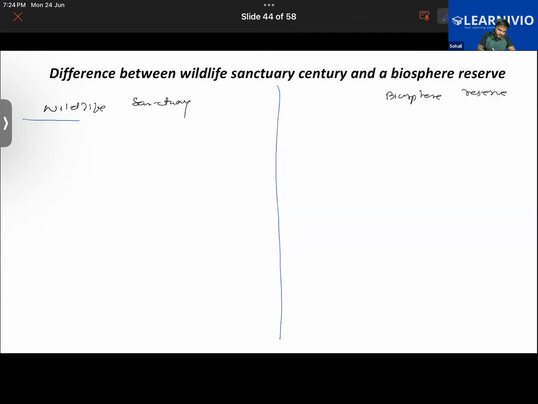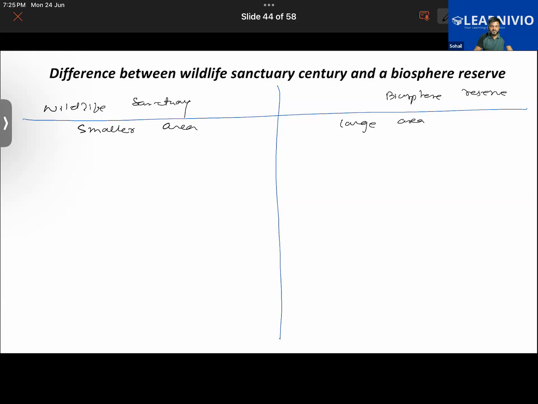Biosphere reserve, obviously. Very good. A biosphere reserve is spread over a very large area, while a wildlife sanctuary occupies a comparatively smaller area. A wildlife sanctuary is mainly for the protection of wild animals of the area in their natural habitat.